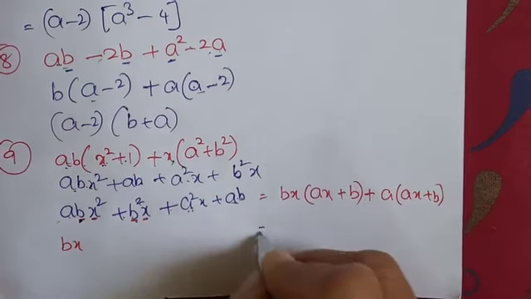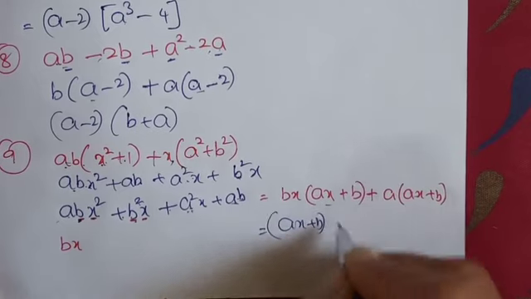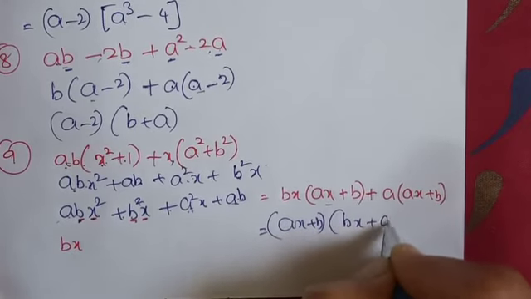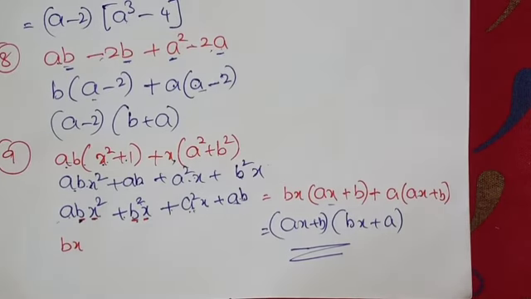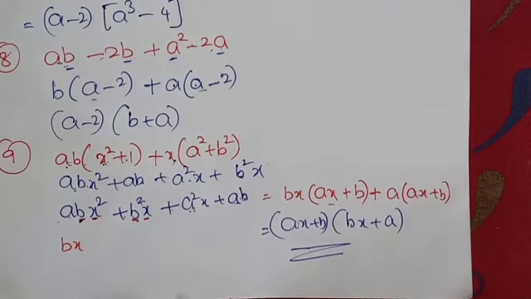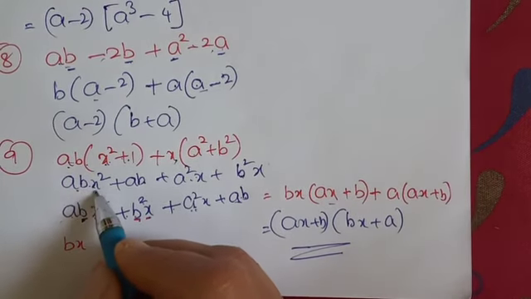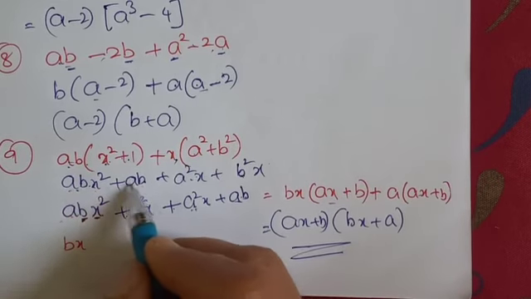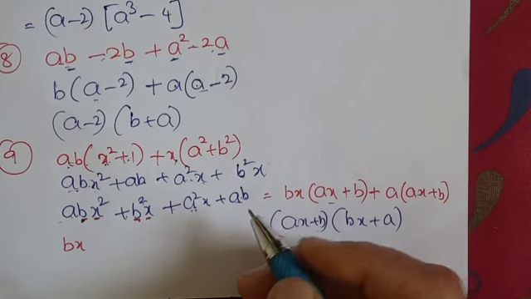So now what is common? (ax + b) is common. What is left? bx + a is left. Okay. I just arranged it in order according to my convenience. I've just expanded and I have written abx², ab, because ab. Now x is there, a², b² is there.